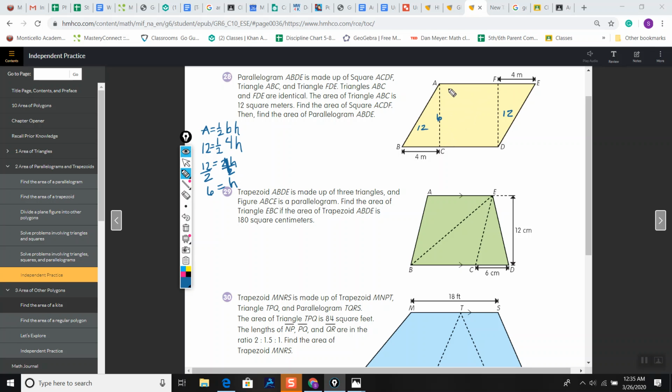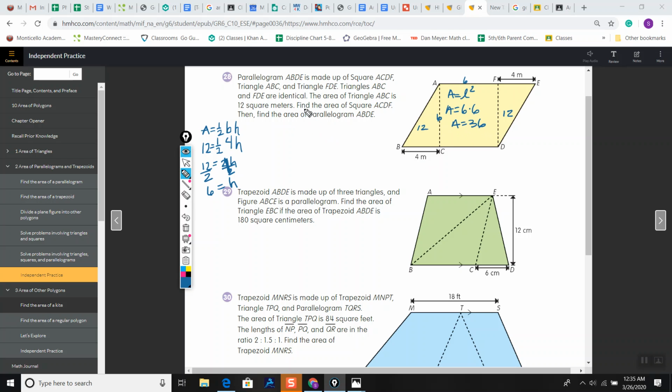Well, if this is a square, that means that this length and this length are going to be the same, right? So this is also a 6. And the formula for squares is length squared. So area is equal to 6 multiplied by 6. Area is equal to 36.